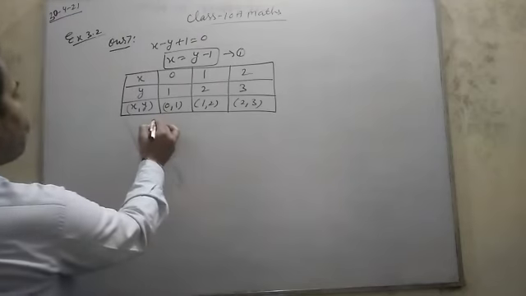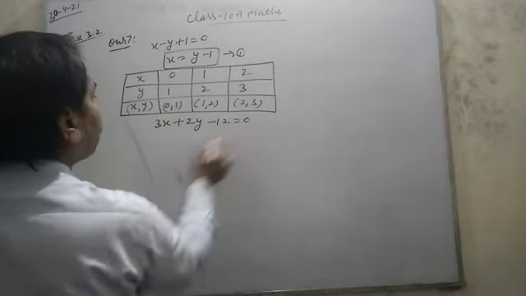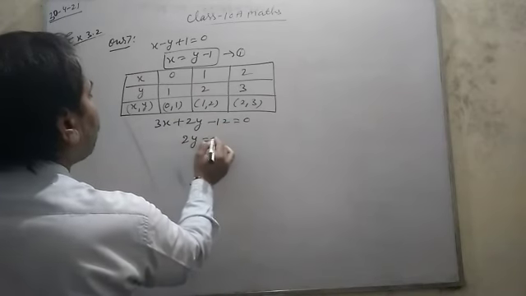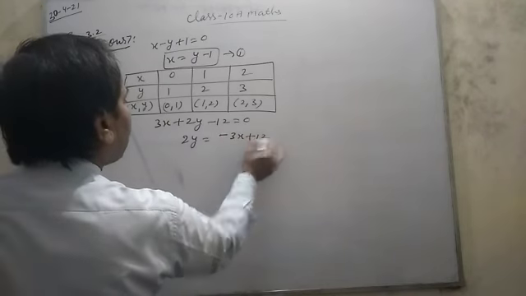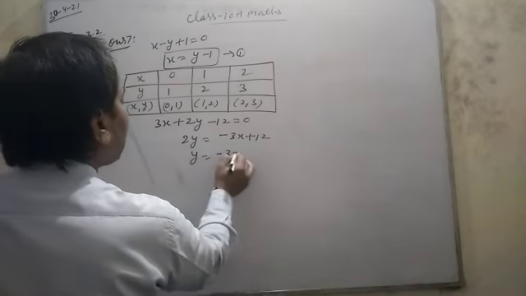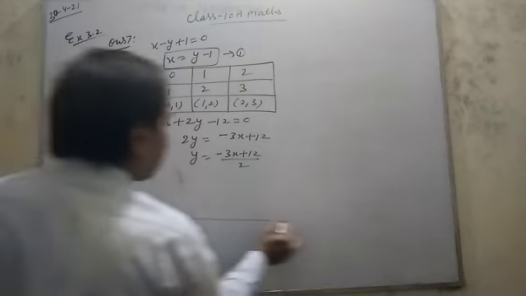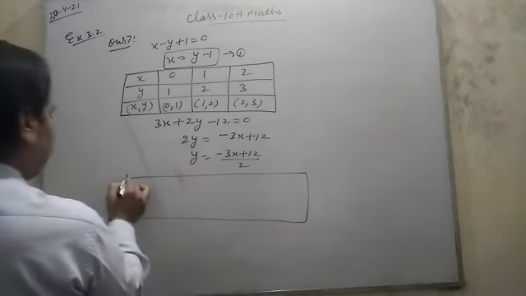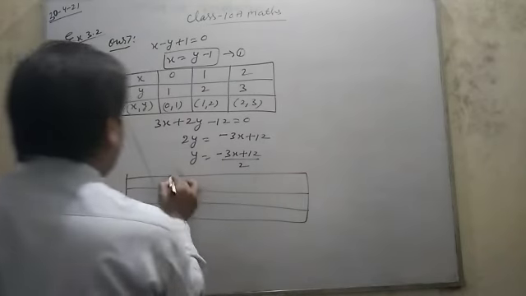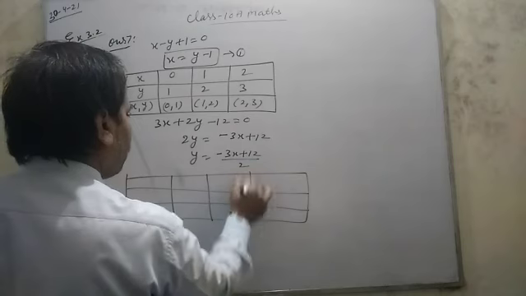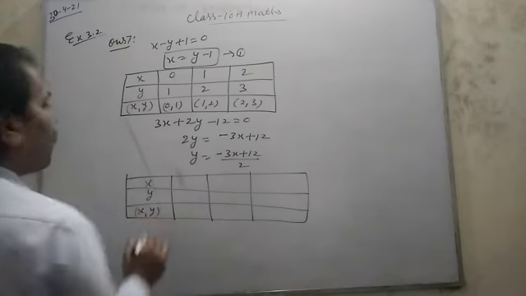And 3x + 2y - 12 = 0. So from here 2y = -3x + 12, so y = (12 - 3x)/2. For this also make a table with x and y.